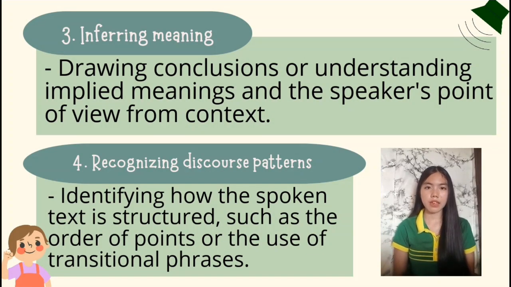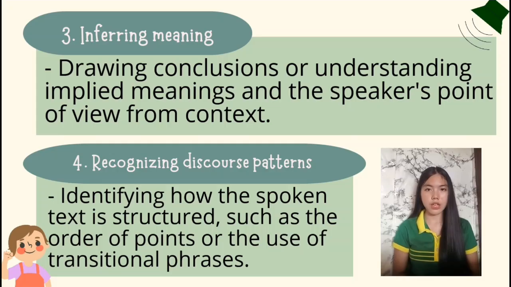Number 3, inferring meaning or reading between the lines. So inferring meaning goes beyond the explicitly stated words to understand the speaker's implied attitudes or emotions. It involves using contextual clues, tone of voice, and background knowledge. Read between the lines. So how to develop it?